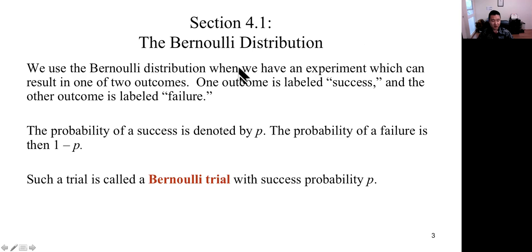Such a trial is called a Bernoulli trial. For that Bernoulli trial, we should also mention the success probability p. Again, p could be 0.5 or any value between 0 and 1.